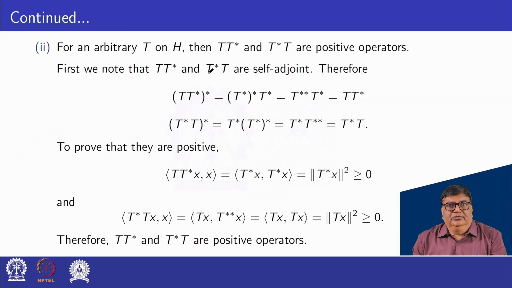So we have to prove TT star and T star T are positive operators. First we have to prove TT star and T star T are self-adjoint. So let us prove it.